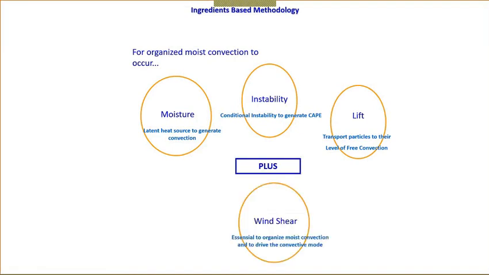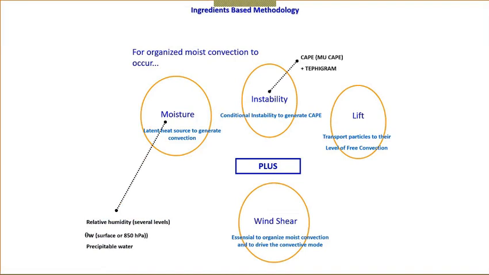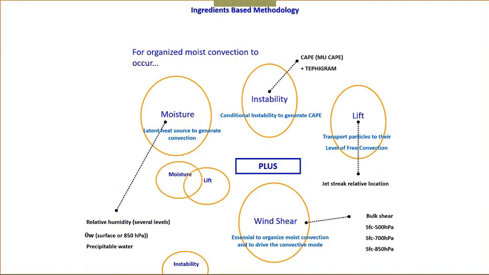You also need some kind of wind shear, and that overlap area consists more or less of a combination of moisture, lift, and instability. And when you have enough wind shear, then you can finally find a sort of spot or an area where you have the ideal combination of 3 ingredients and wind shear.